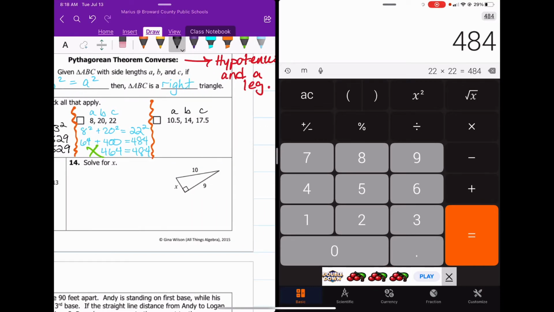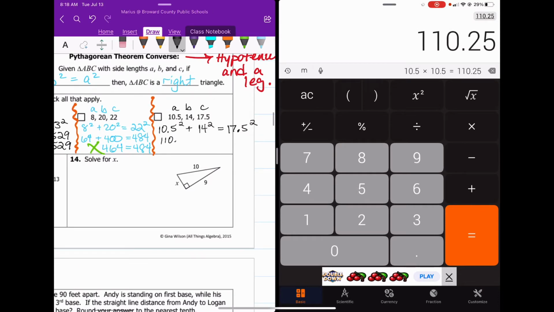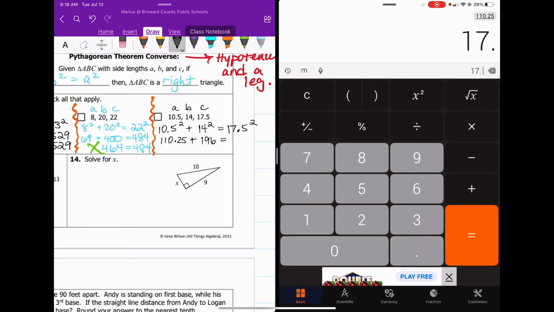Last set of numbers. We have 10.5 squared plus 14 squared, which is supposed to equal 17.5 squared. 10.5 times 10.5 is 110.25. 14 squared is 196. Now we have to do 17.5 times 17.5, which equals 306.25.